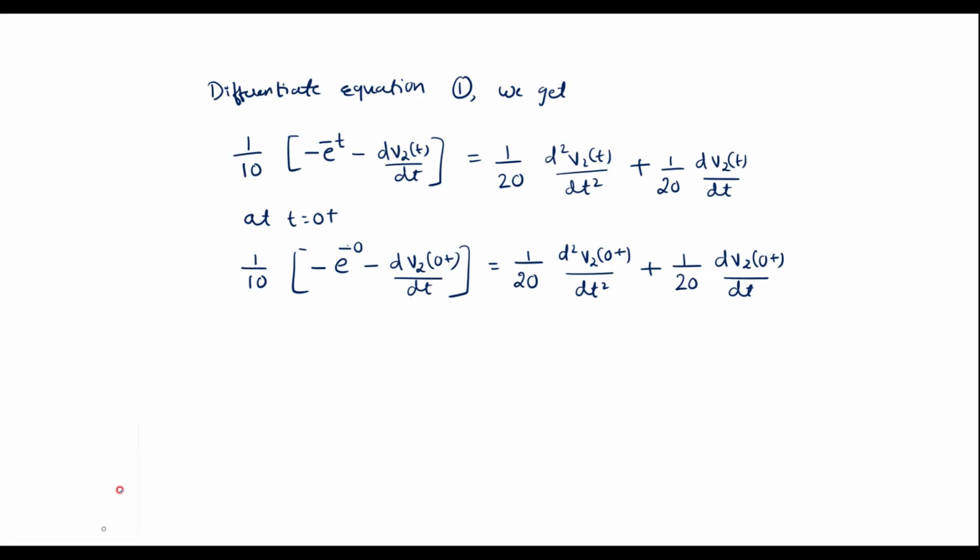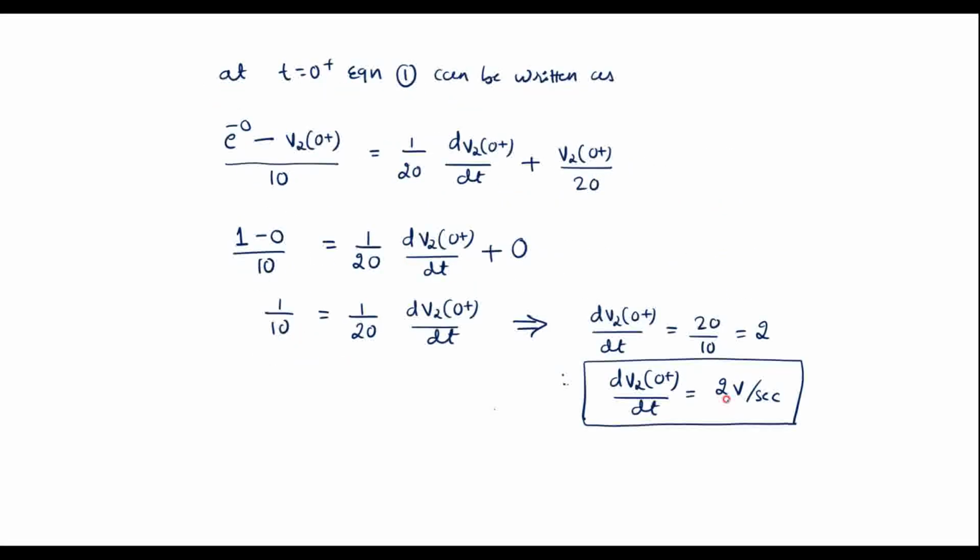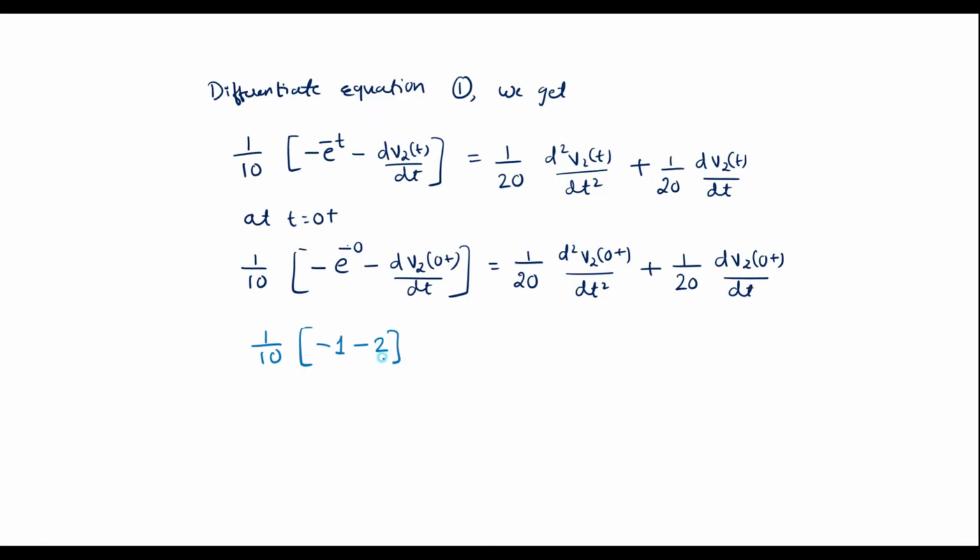So e power minus 0 is nothing but 1, that is minus 1 minus, so already we have found dv2 of 0 plus by dt, that is nothing but 2. So this is equal to 1 over 20 into d square v2 of 0 plus by dt square plus 1 over 20 into dv2 of 0 plus, which is 2.